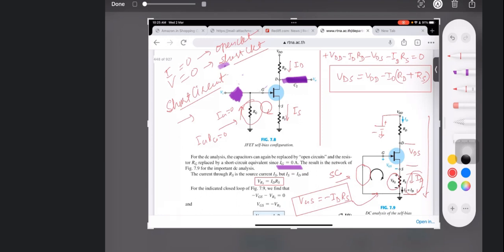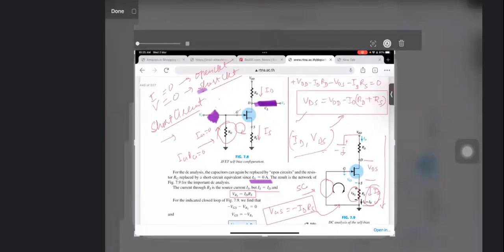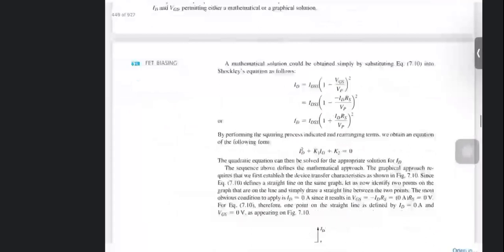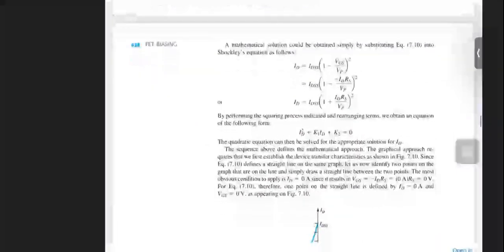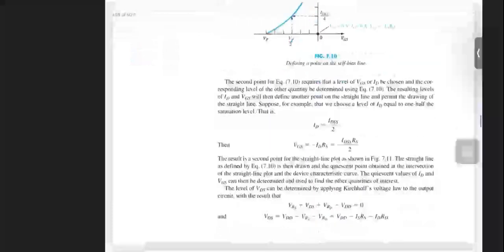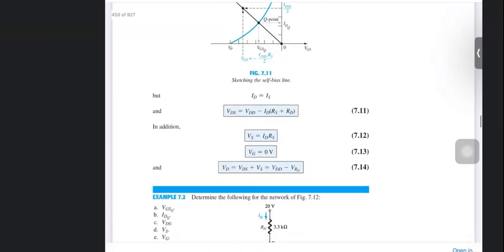Okay. So this is how we are finding out this ID and this VDS. This is just what we are trying to find out when we talk about this. So if you go for this again, this is what we are getting.